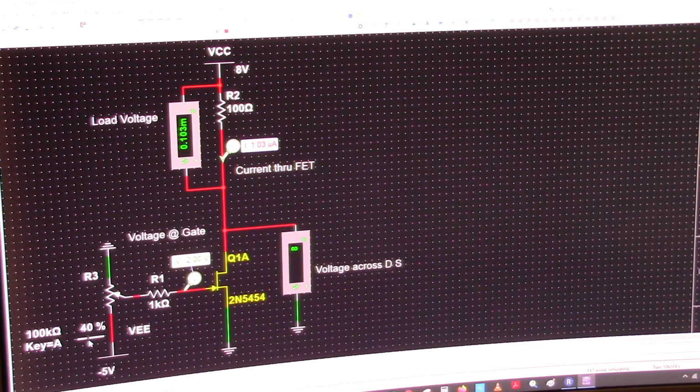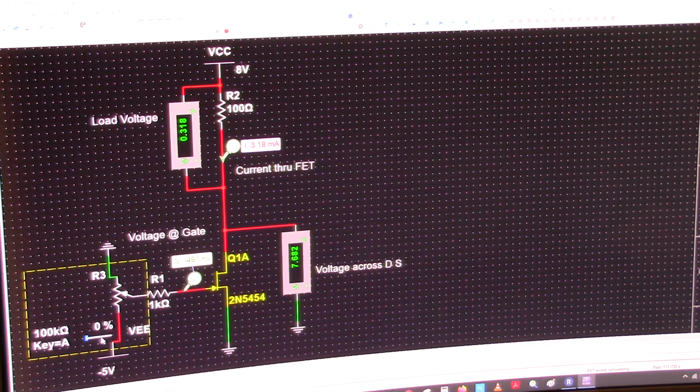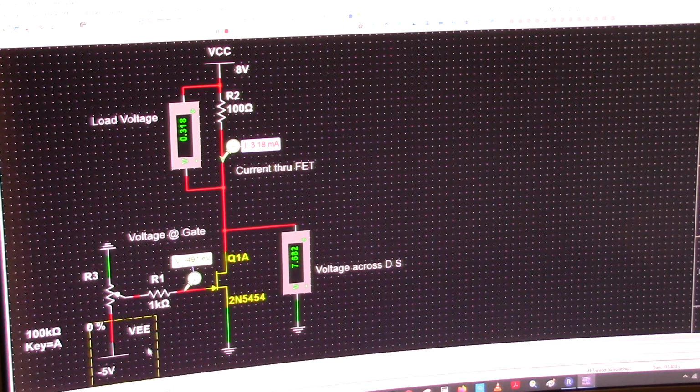So I have 1 microamp, and I had 3 milliamps. 3 milliamps to 1 microamp.